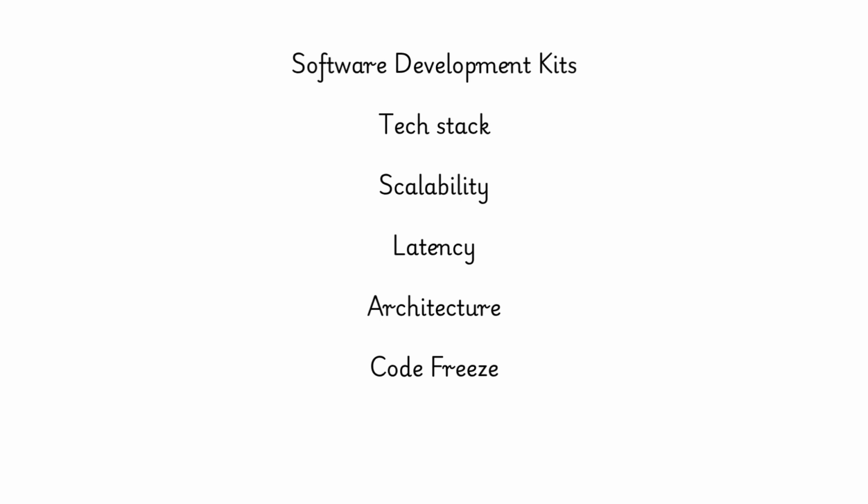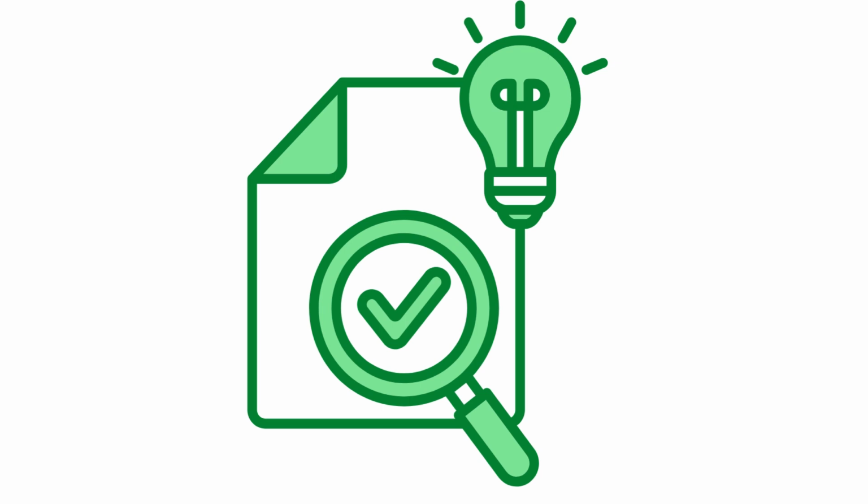We'll also be looking at scalability, what scalability means, in simple terms. We'll also be looking at what architecture means in tech. We'll also be looking at code freeze. Yeah, these are the terms we'll be demystifying in today's video.